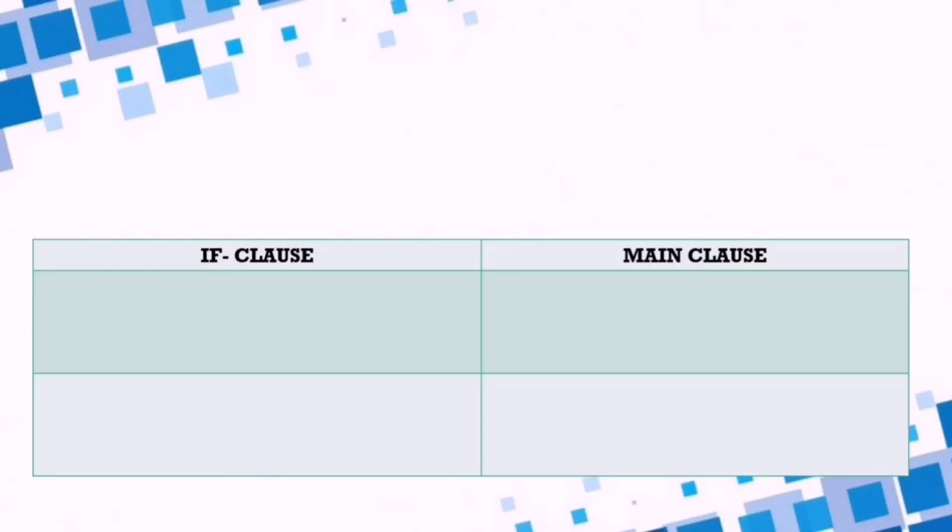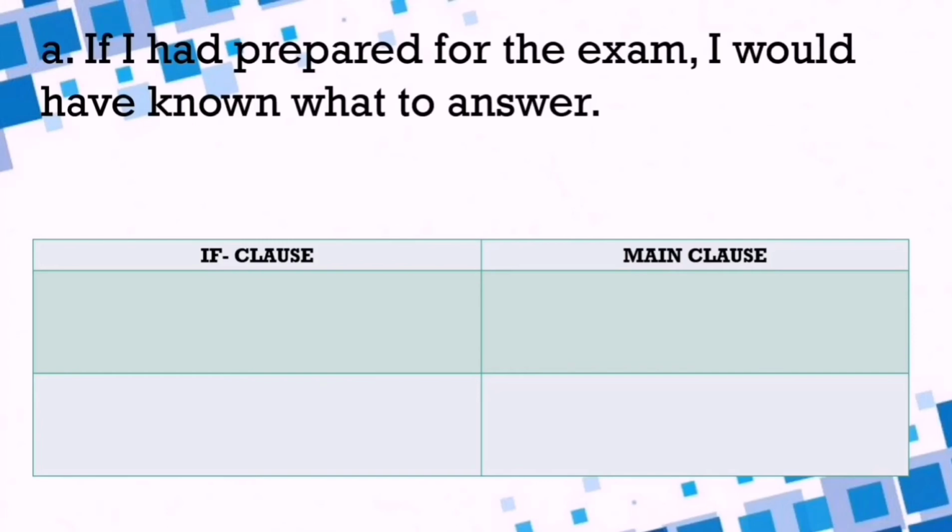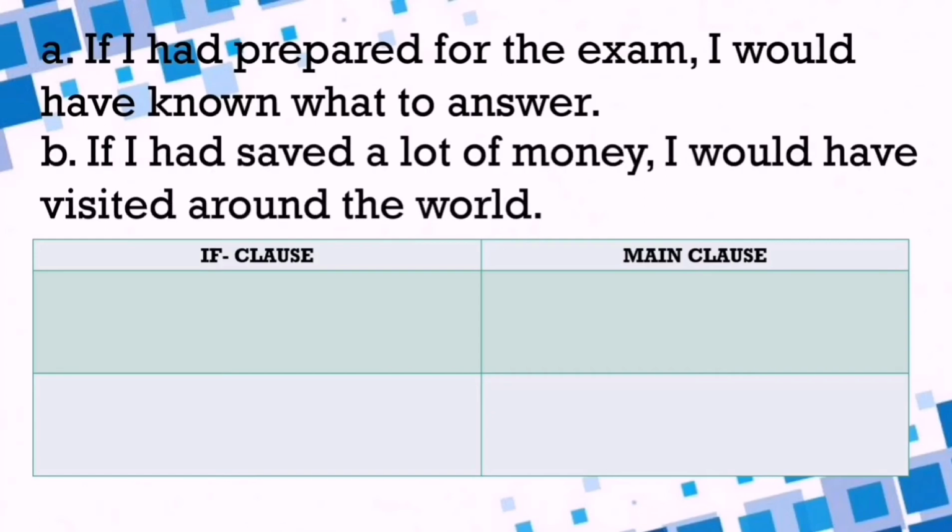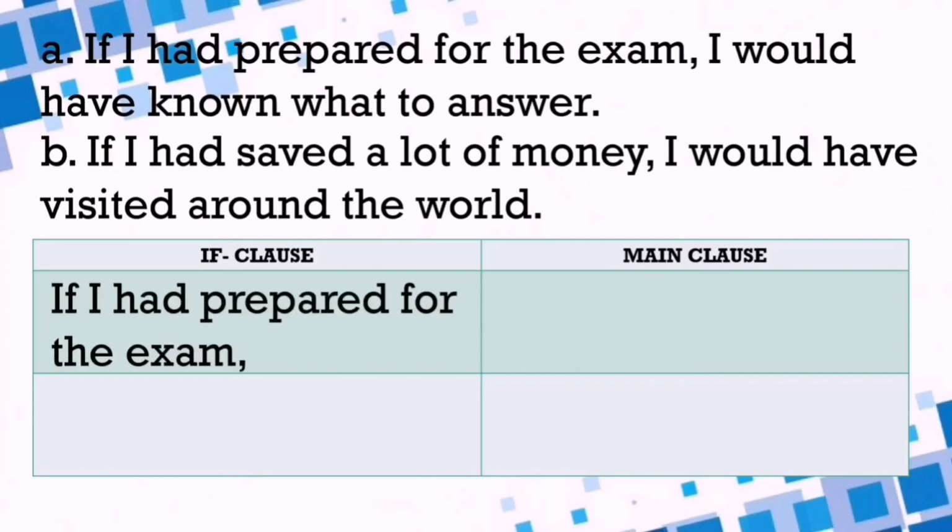Let us look at the following examples. Sentence A, if I had prepared for the exam, I would have known what to answer. Sentence B, if I had saved a lot of money, I would have visited around the world. For sentence A, the if clause is if I had prepared for the exam.